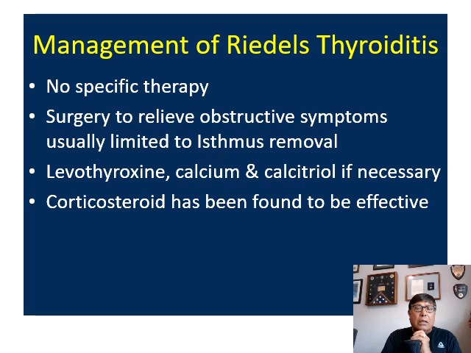And this patient will be hypothyroid and so will need levothyroxine replacement. If they have associated hypoparathyroidism, they will need vitamin D as well as calcium supplement. Corticosteroid has been found to be effective in many cases, especially if there is significant pressure symptom.